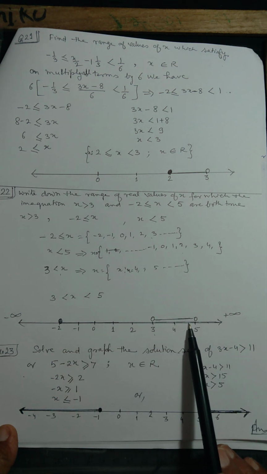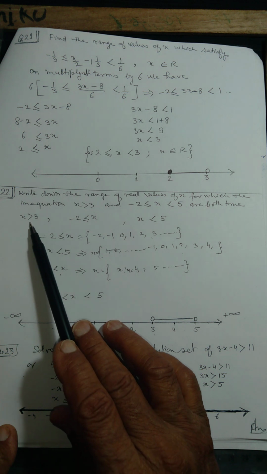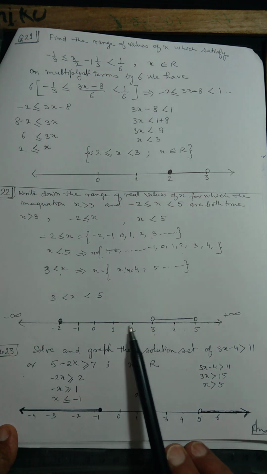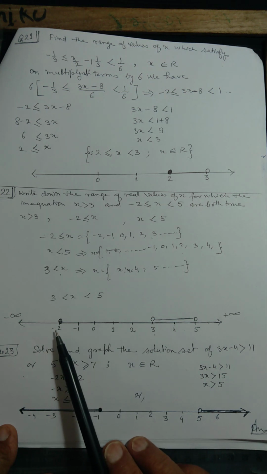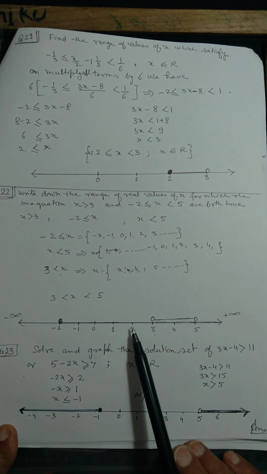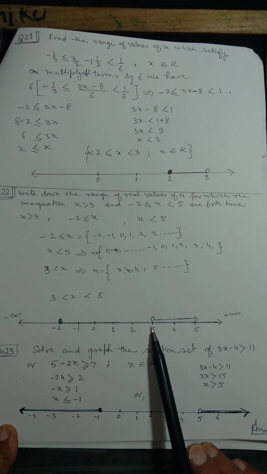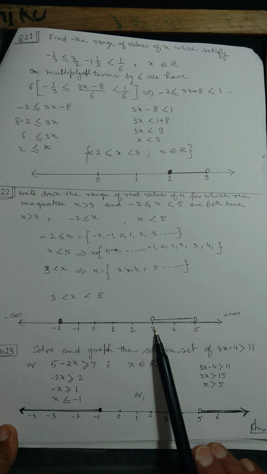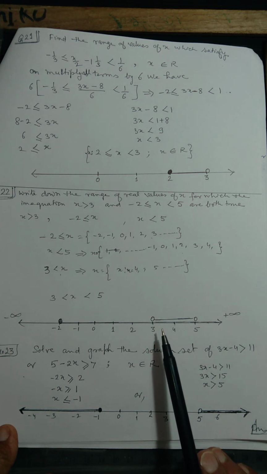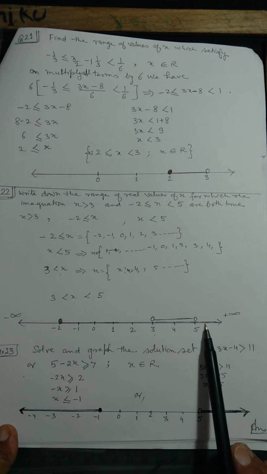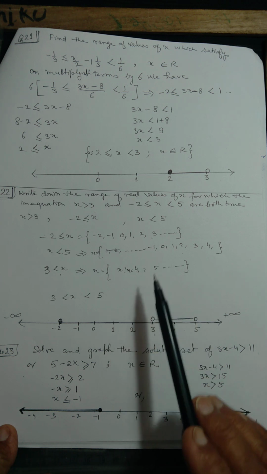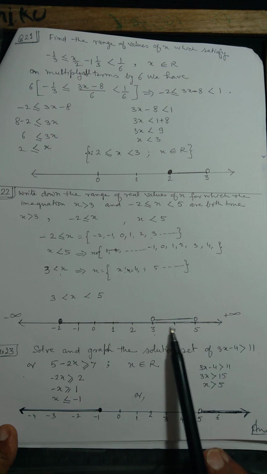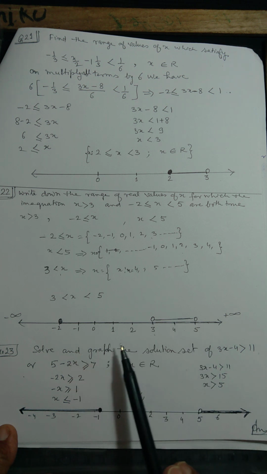For this graph, x is greater than 3 means from 3 we have to proceed to the right hand side. And x is less than 5 means we have to move to the left hand side from 5.